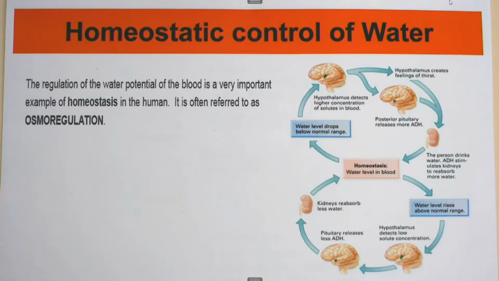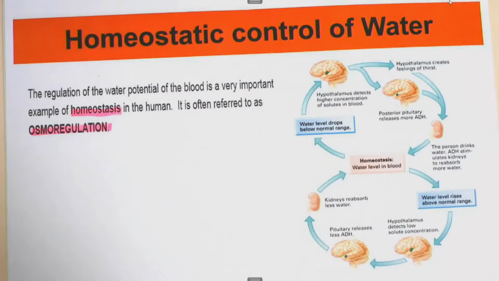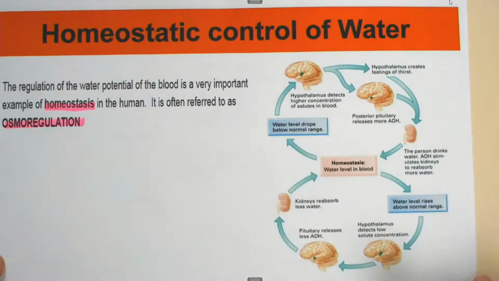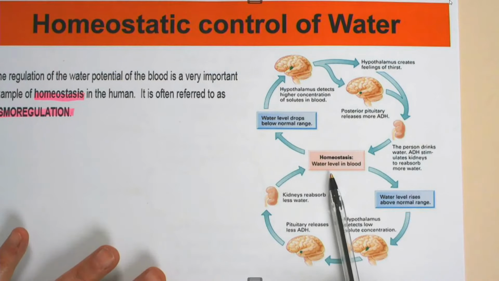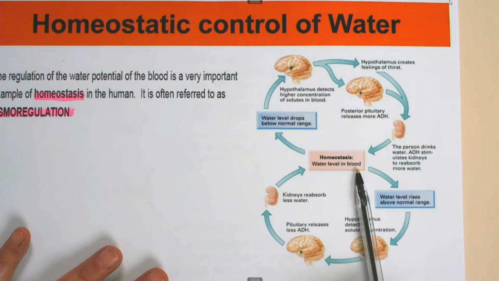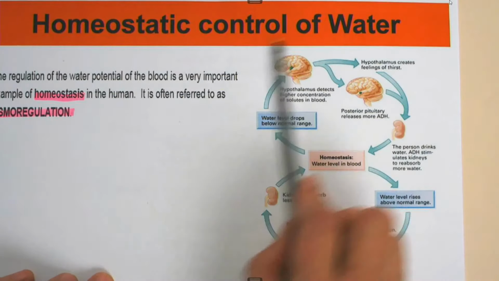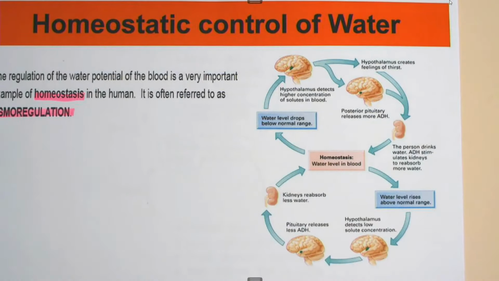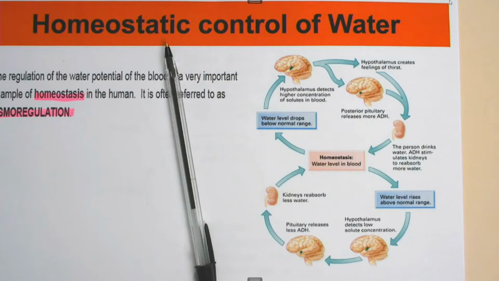And it's very important to have homeostasis in the human, the correct balance of water. You can't have too much or too little. We need the correct balance of water. When the water level in the blood is normal, we have homeostasis. Now what we have here, in grade 12, we will tell you, it's called negative feedback. For now, you can talk about homeostatic control of water.